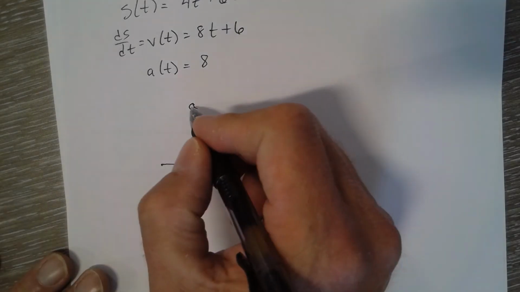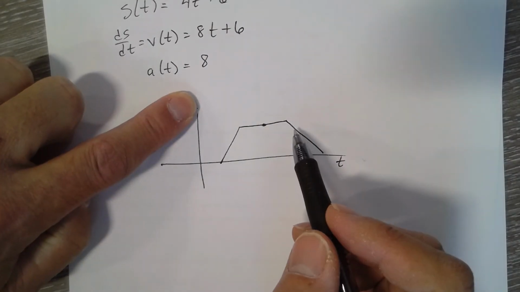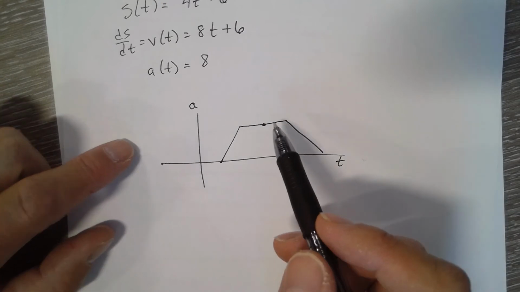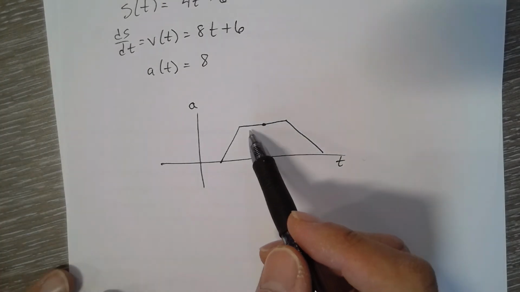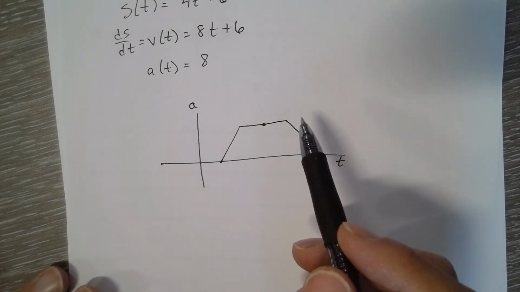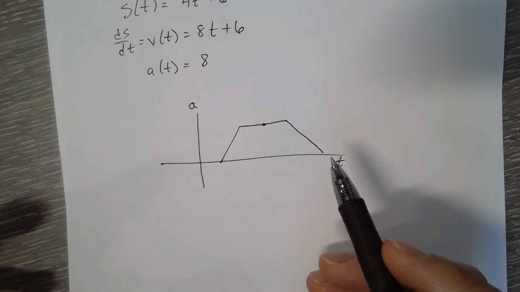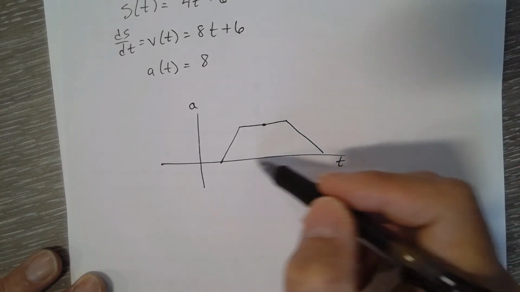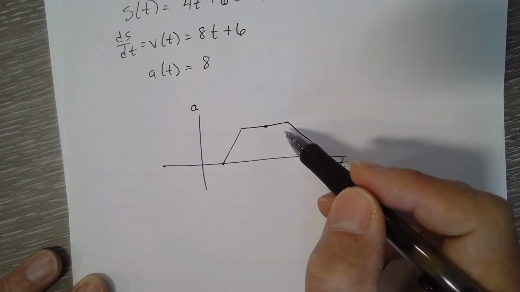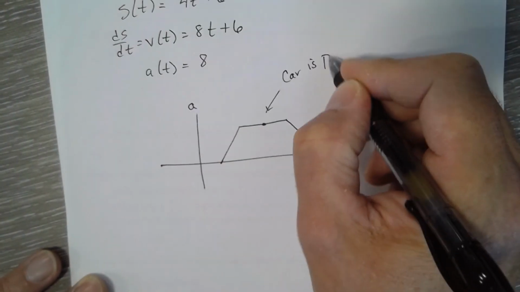If this was a velocity function, then it would have a constant velocity. But what we have is an acceleration that's positive. And if we have a positive acceleration, then the velocity is increasing. Because the acceleration is above the t-axis, the car is speeding up.